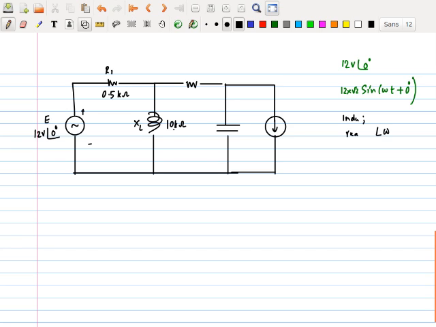That is XL. Then if I give you a capacitor, the reactance of that would be 1 over C omega. So if I give you C and a frequency, I can calculate this. That is XC. So I will give you this also. This is X of C, which is equal to 5 kilo ohms.